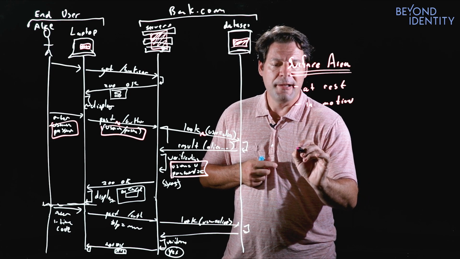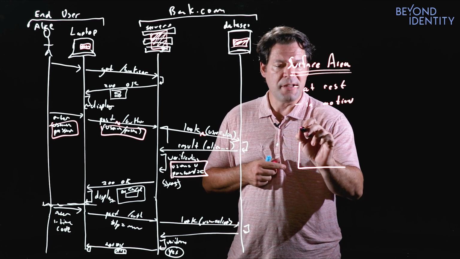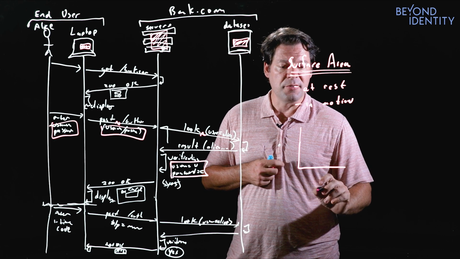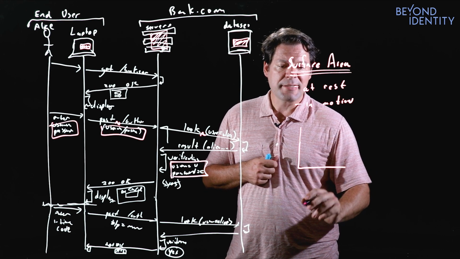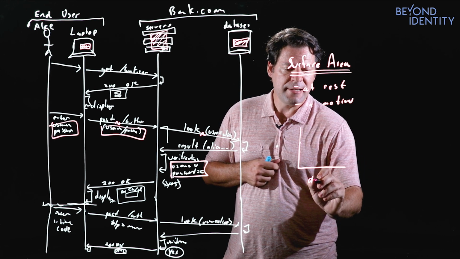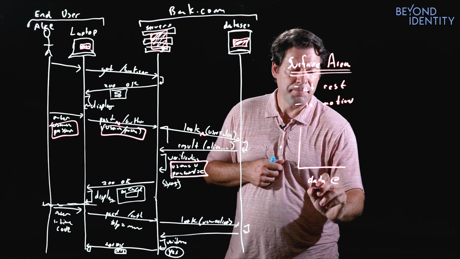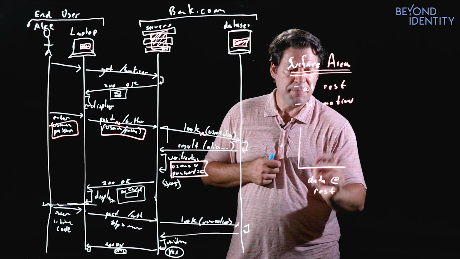So let's imagine that we could represent surface area really with this two-dimensional graph. So on the x-axis, let's worry about data really at rest, right? And I'm just going to keep things simple.